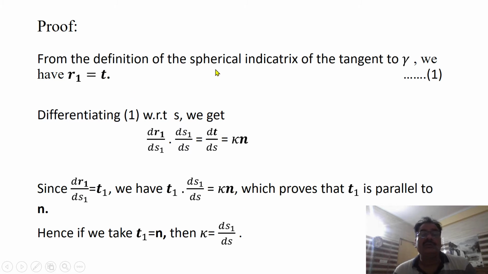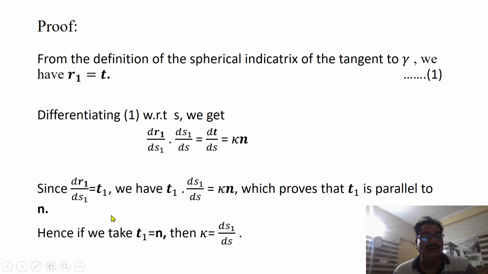From the definition of spherical indicatrix of the tangent to gamma, we may write r1 is equal to t. This is the basic definition of spherical indicatrix. Differentiating the above equation with respect to s, we write dr1 by ds1 into ds1 by ds is equal to dt by ds, and this is equal to kn, because r1 is equal to t.